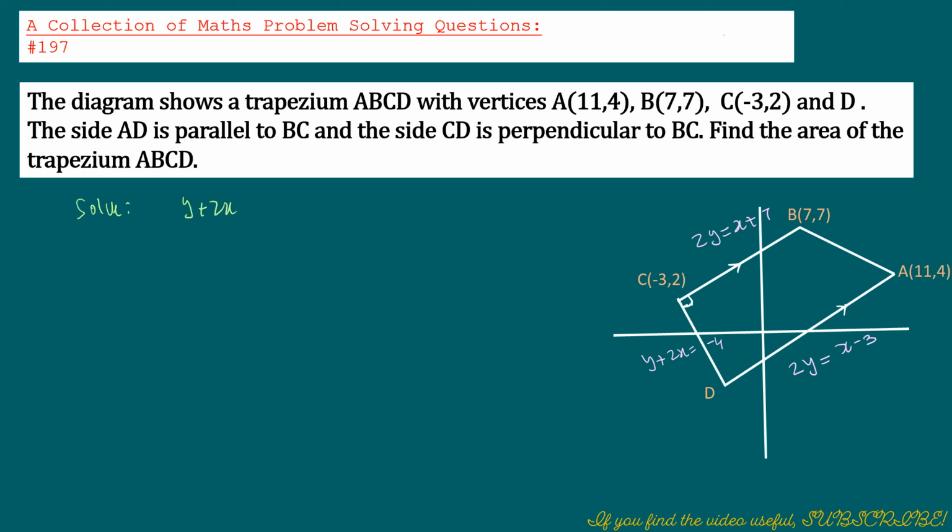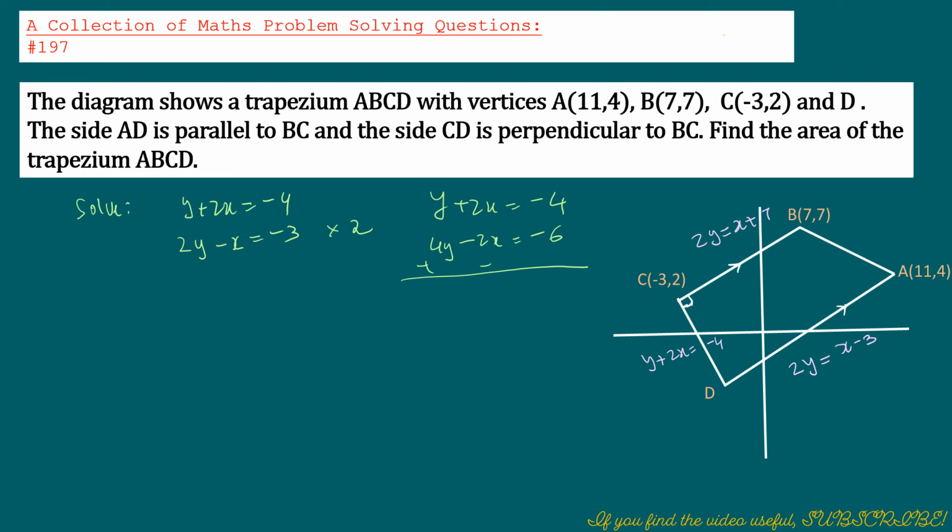We have y plus 2x equals minus 4, and 2y minus x equals minus 3. Multiplying the second by 2, we get y plus 2x equals minus 4 and 4y minus 2x equals minus 6.